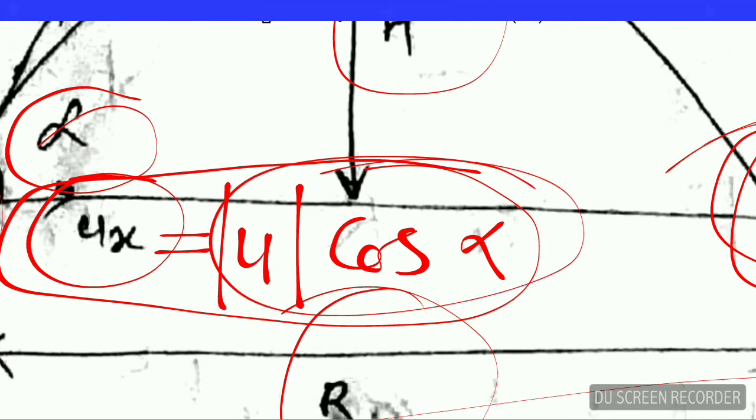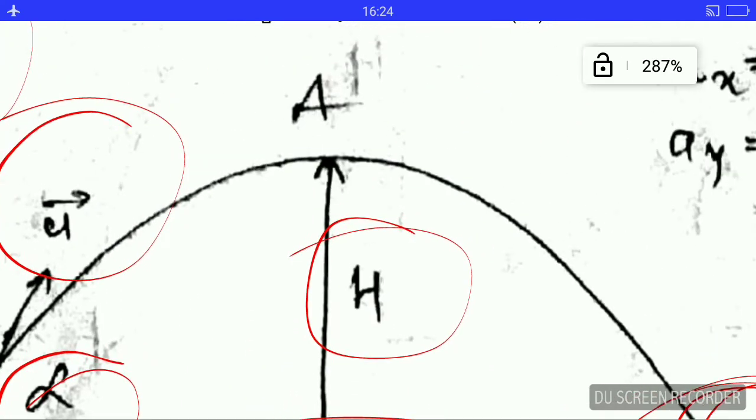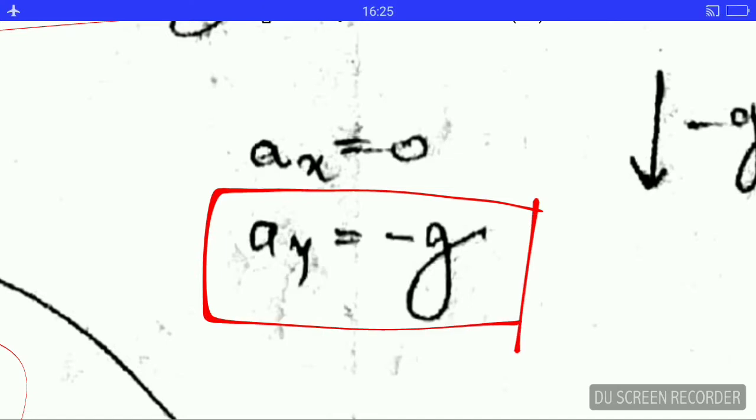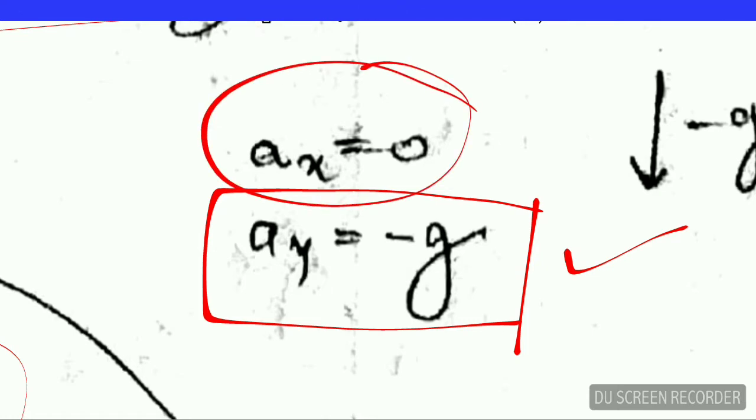It will be the constant of motion. As the acceleration is in the downward direction, the negative y direction, ay, the acceleration along y, will be minus g, and there is no acceleration along the x direction, so ax is 0. It is very important to know this concept.